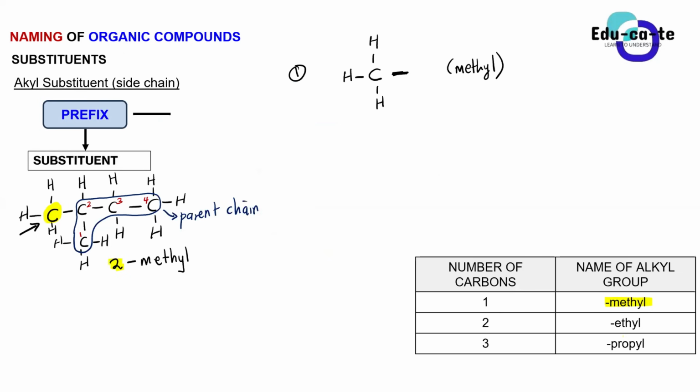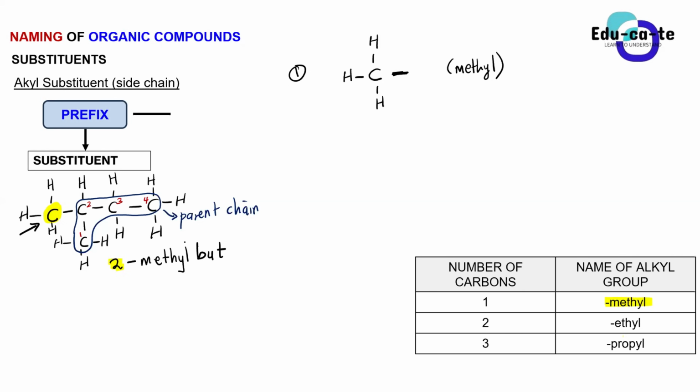Here we have 4 carbons, so the root name will be BUT. You still have the table I gave you last time, showing the root name for a certain number of carbons in the parent chain. So I'm going to write but there, and this is my root name.